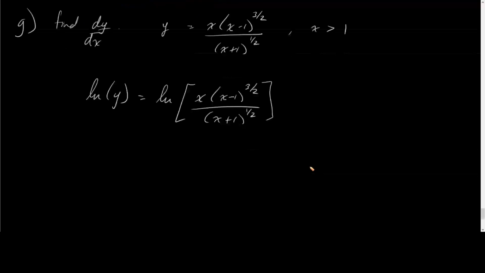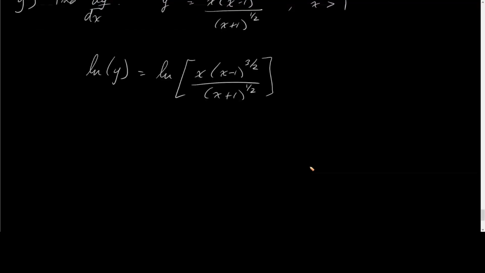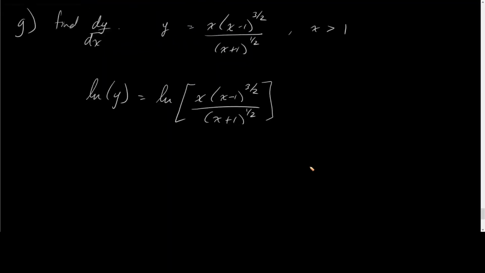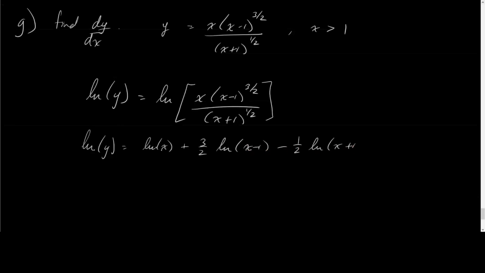Now, at that point, I'm going to apply the rules of logs, these three rules up here in blue, to this statement. So the left side stays ln of y. The right side becomes ln of x plus 3/2 ln of (x minus 1) minus 1/2 ln of (x plus 1).